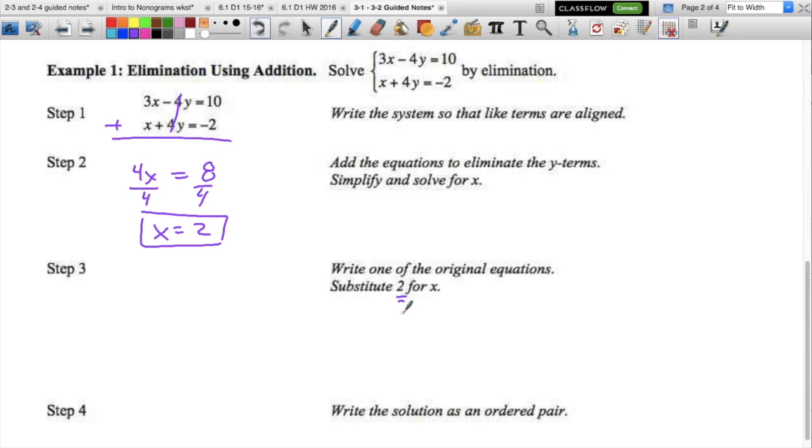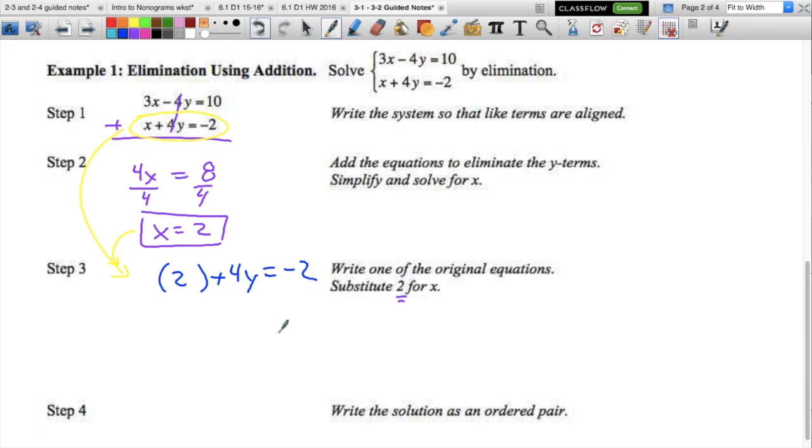Alright, write one of the original equations, substitute 2 for x. Look, you can choose which one you want. You can choose this top one or you can choose the bottom one. I'm generally gonna choose ones that don't have a coefficient. It's just a little bit easier. So I'm gonna take this equation, and plug in this x equals 2, and my new equation looks like this. 2 plus 4y equals negative 2.